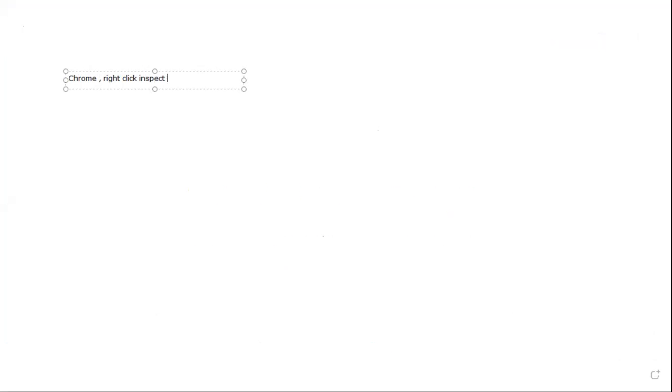There is an option of console, so you first go to console and then you can type your script, whatever you want. Once you type a script there, the results become available on that console.